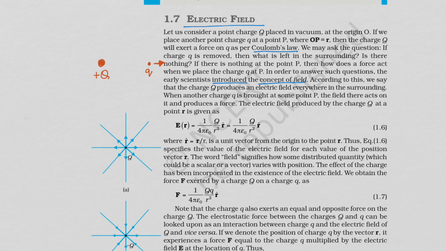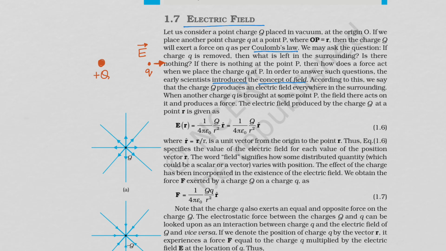And this feeling of force is just because there is something else in that region that is called the electric field, which is denoted by E. And since it is a vector, we just put an arrow over it.